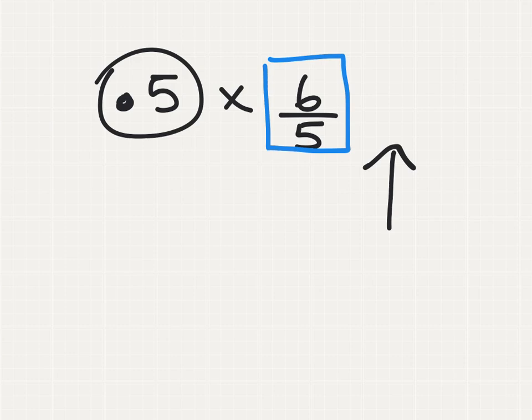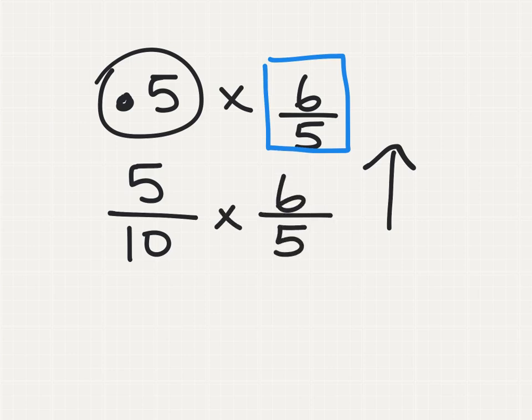All right, in order to multiply here, the smartest thing to do is probably to change this decimal, 0.5, into a fraction. The way I make a decimal into a fraction is I say the name of the decimal out loud, 5/10, and I write it as a fraction, 5/10, multiplied by 6/5. Straight across the numerator, I get 30.